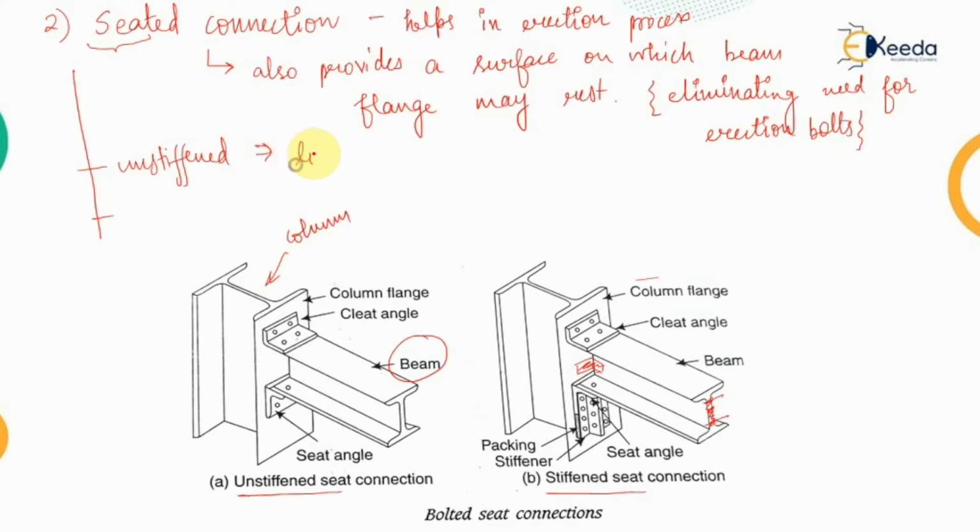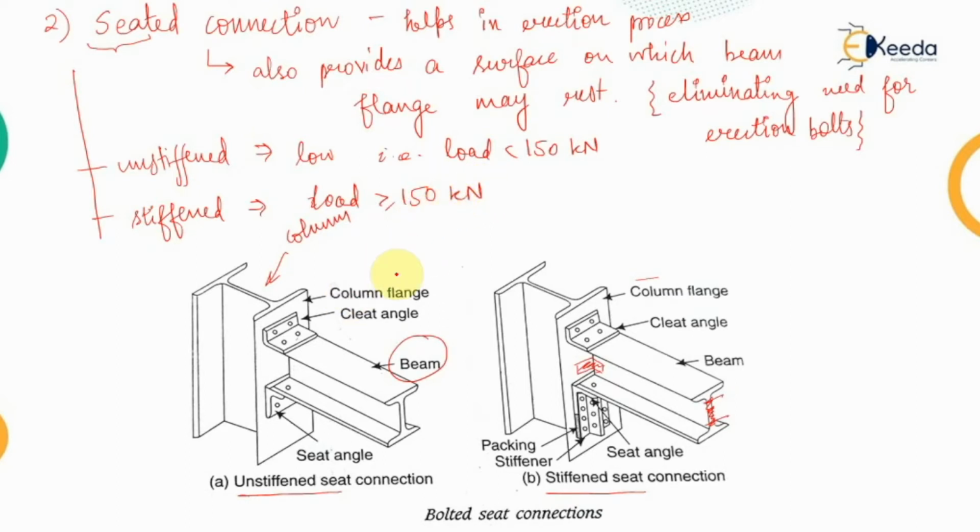So if the load is less than the practically observed parameter of 150 kilonewton, the connection provided will be of the unstiffened type. While if the load is heavier, greater than 150 kilonewton, we will provide the stiffened type of seated connection.